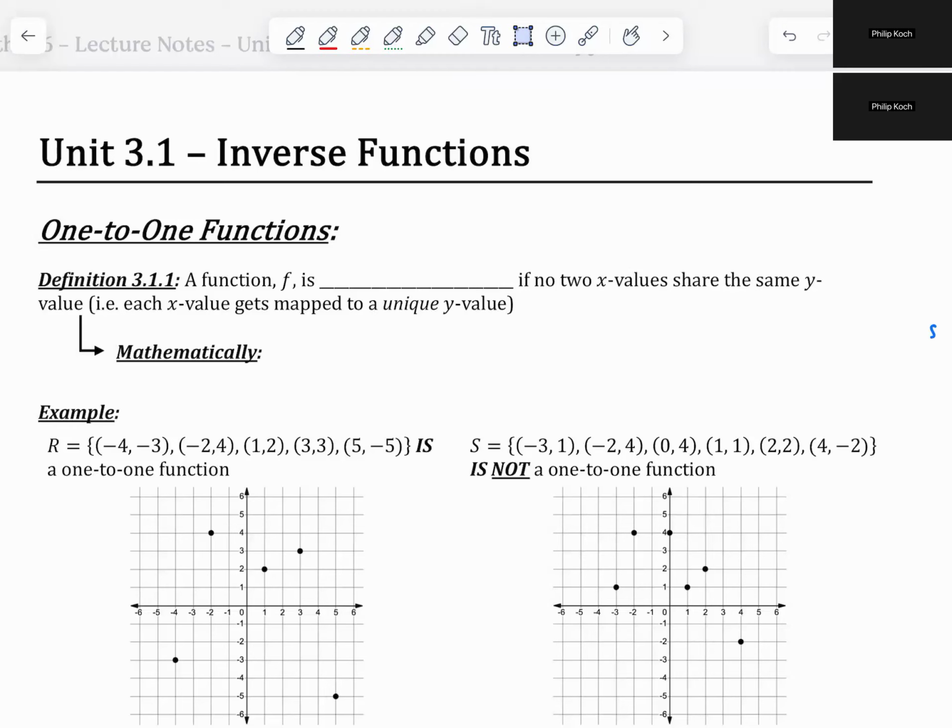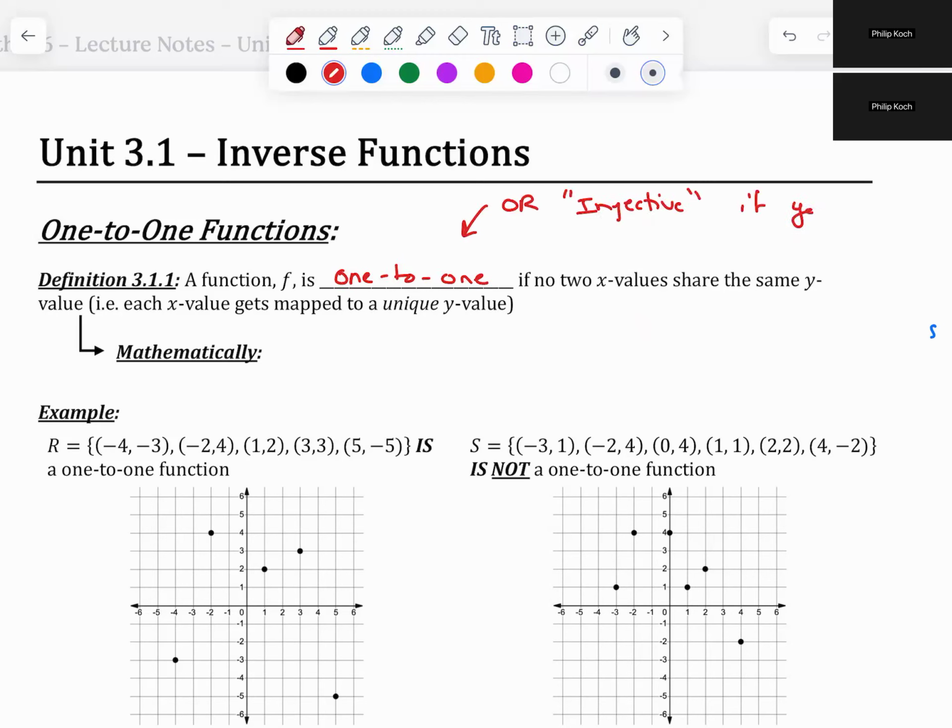So a function is called one-to-one, and I hate writing this. However, I think whoever decided to do that terminology had a good idea when they wanted to change the name.